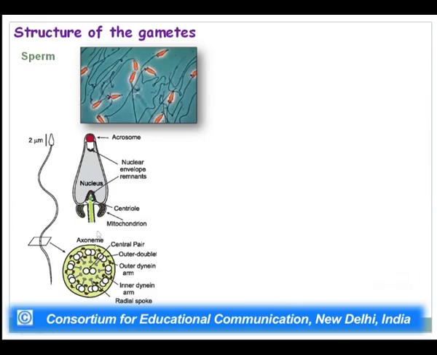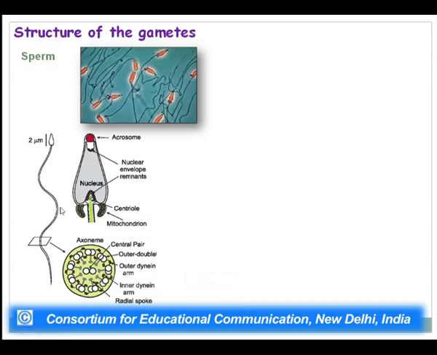There is a series of mitochondria which runs halfway in the middle piece of the tail, and these mitochondria provide the energy for the flagellar movement, so that is why the sperm is motile. As we have seen, there is always gamete differentiation in sexually reproducing individuals. The male produces the sperm and the female produces the egg. The egg usually lies at one place, whether it is external or internal fertilization, and the sperm has to move and reach the egg.